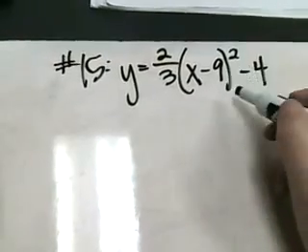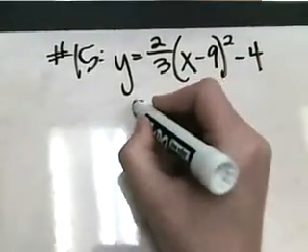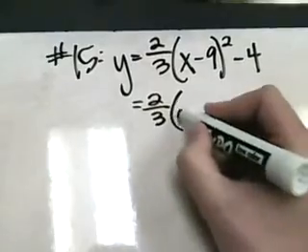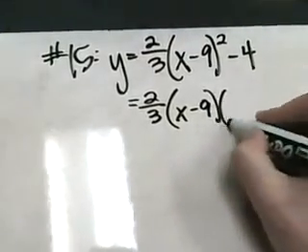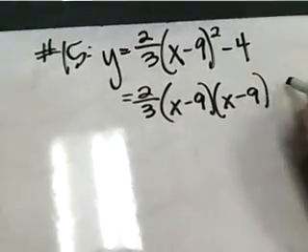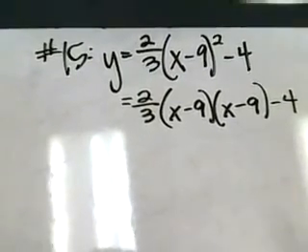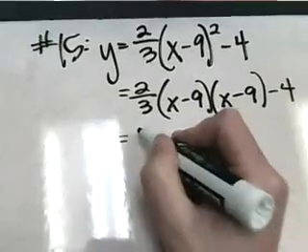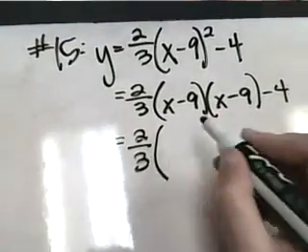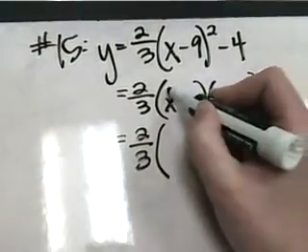That means there are two of those quantities. So let's write them. There's actually a shortcut for it, but so many kids forget it that I would just much rather you write it again and FOIL it. Okay, this 2/3 is going to hang out front. We have to take care of our parentheses first.